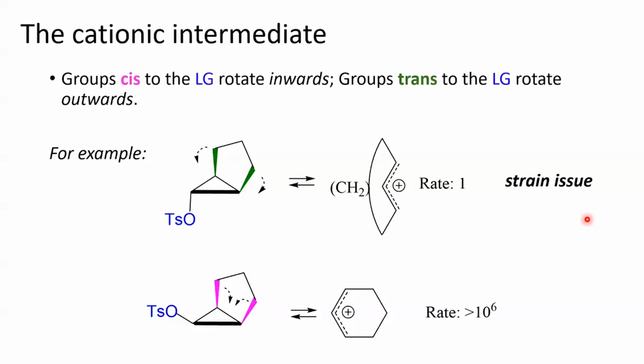So the rate is going to be very slow if the reaction proceeds at all. However, in a cis situation shown down here, the leaving group is cis to the R groups, which are tethered together. Now the leaving group is benefiting this inward rotation, and we can see that the rate of forming this product is in the order of 1,000,000 times faster, just through proper positioning of where the leaving group is in the starting material.